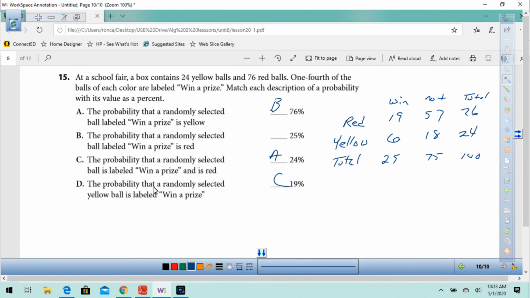The probability that a randomly selected yellow ball is labeled win a prize. Okay. Well, the last one left is 25%. So that's D. And that sounds about right. 6 divided by 24. We good.